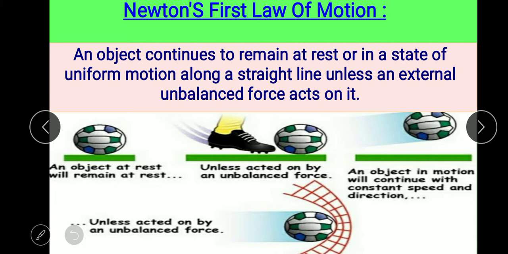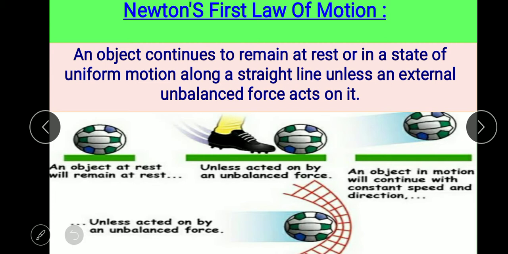According to this statement, the first law of motion of Newton, if any object is moving, it will keep on moving only. If the object is stationary, the object will remain stationary, it will not move unless and until a force is applied on that object.